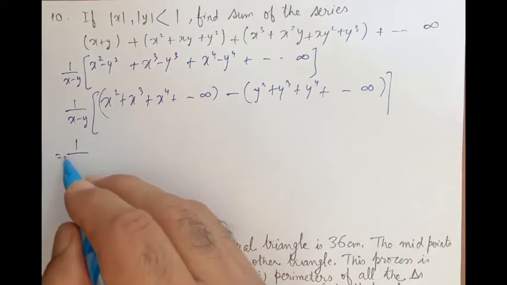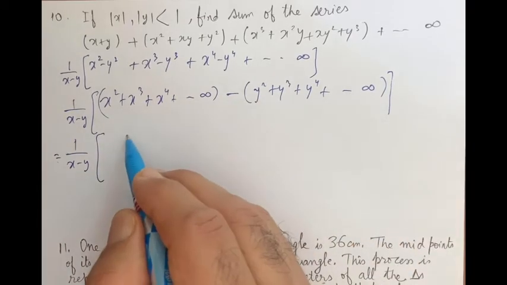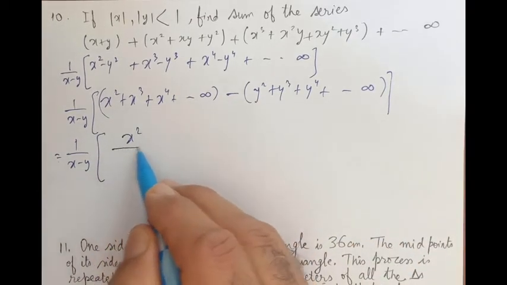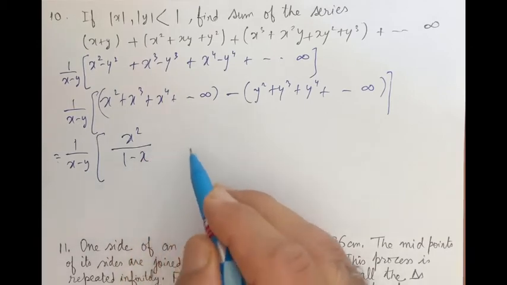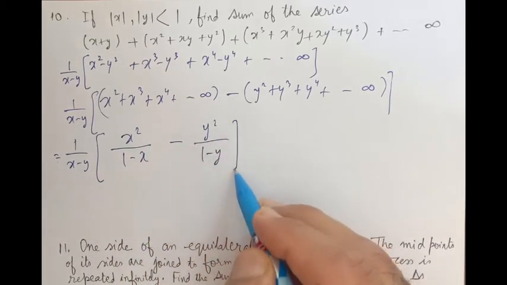This is the first GP, this is the second GP. So x square upon 1 minus x, minus y square upon 1 minus y.